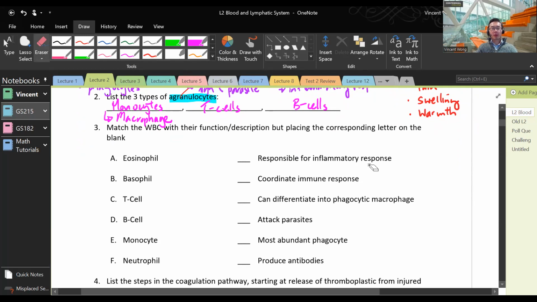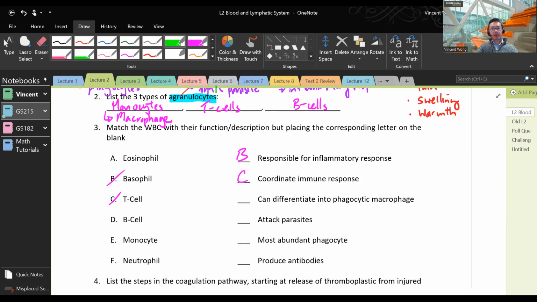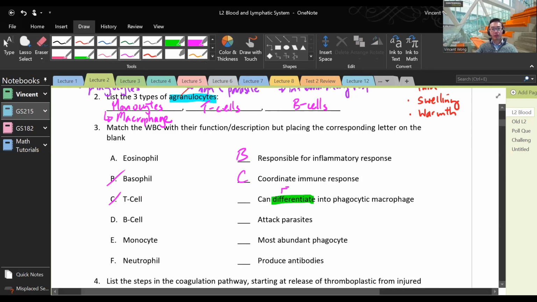Responsible for inflammatory response: if you have been paying attention, you will know that it is the basophil that does that. Coordinate immune response, that is the T cell. Can differentiate into phagocytic macrophage; differentiate is just a very fancy word for transforming.